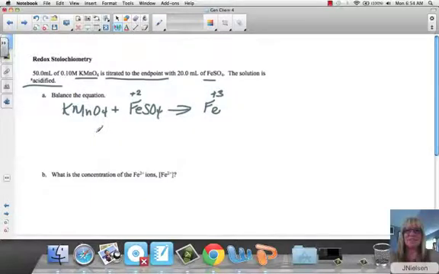And what do we know about the MnO4? If you go all the way to the top of the important oxidizers, it says MnO4 minus, which in an acidic solution, and they said it was acidified, is going to go to Mn +2.